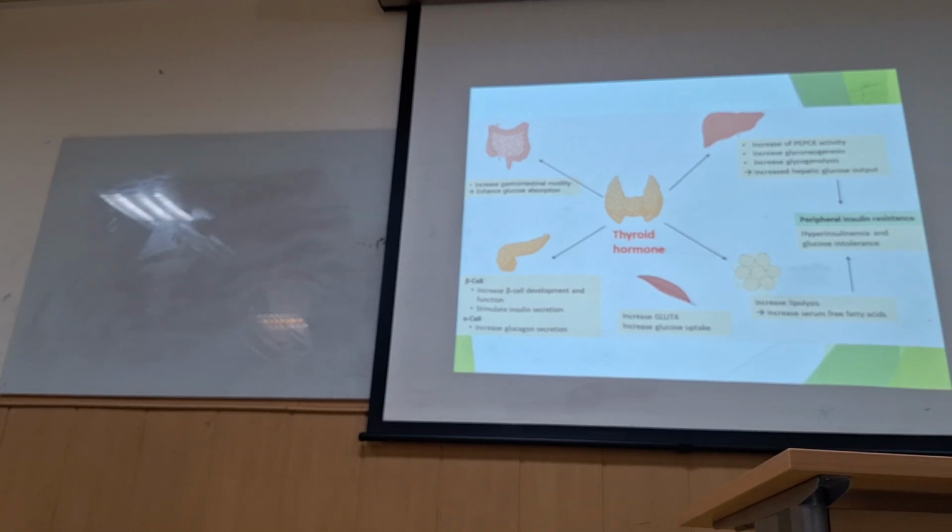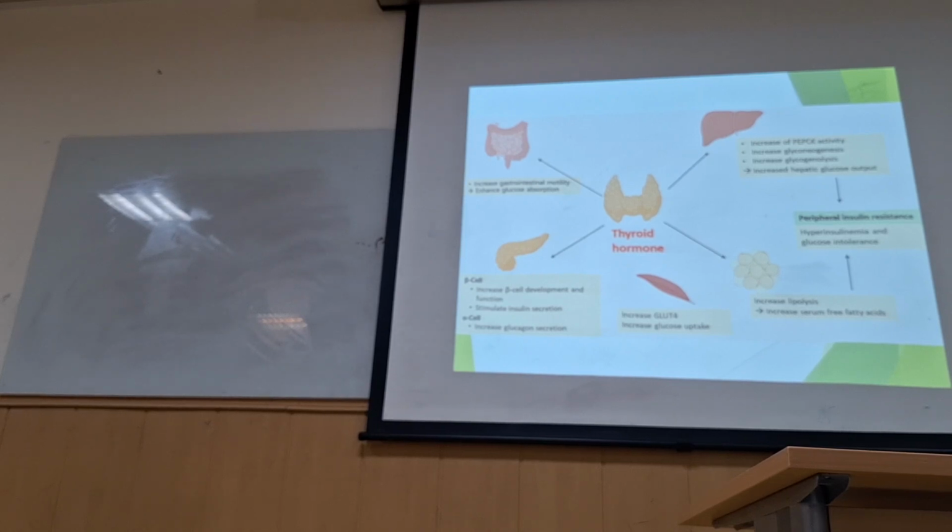If one person has a very low level of thyroid hormone, it damages the reproductive system. If one person has a high level of thyroid hormones, again it damages the reproductive system. Therefore, in the reproductive system, we need a normal value of thyroid hormones.